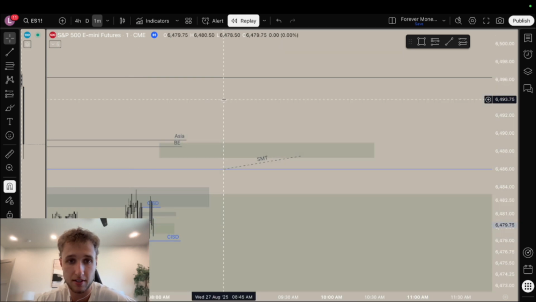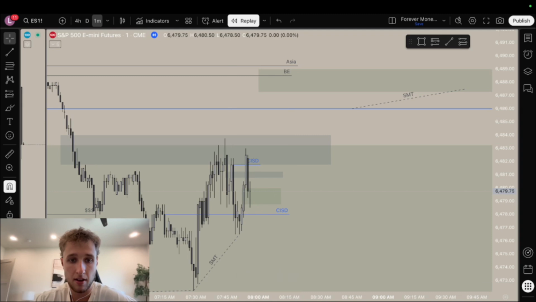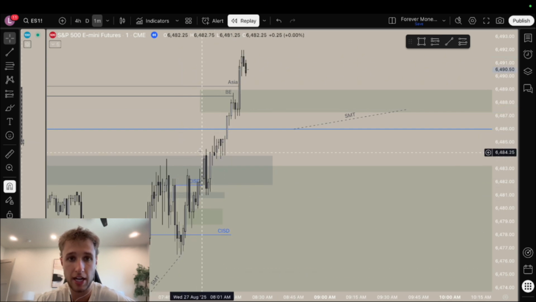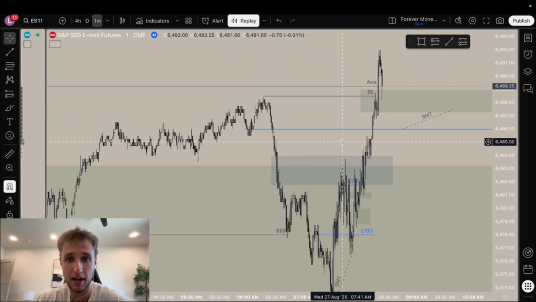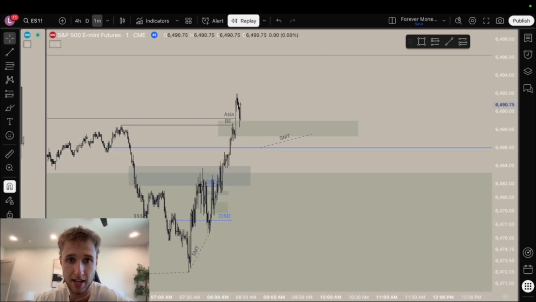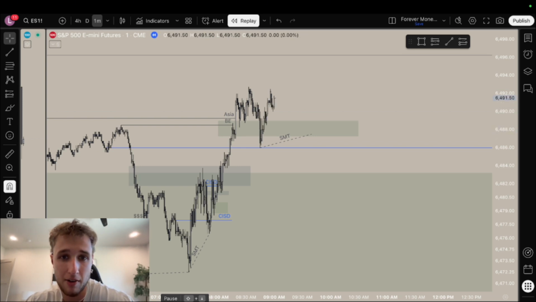Now, let me just delete this because that's getting annoying. Market does its thing. We kind of chop for a little bit, and we end up coming up, taking London. I moved my stop to break-even, took Asia, and I kept my stop at break-even and just let my runners go to buy-side. Now, if we keep playing price, I was stuck in this trade for over 2.5 hours, like I said.